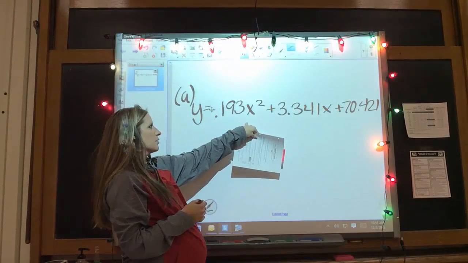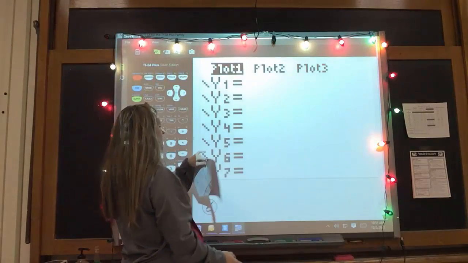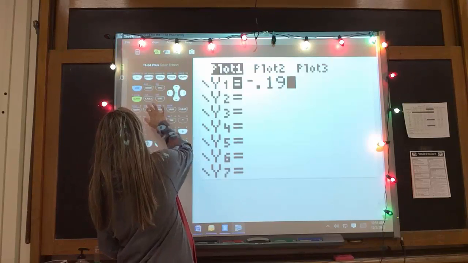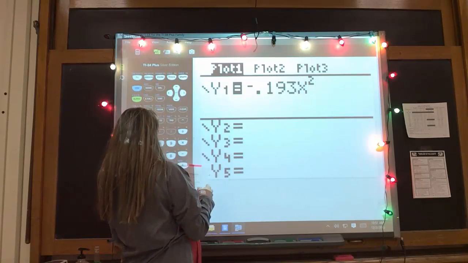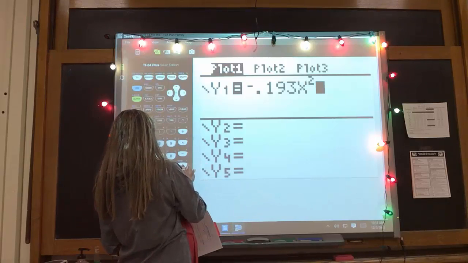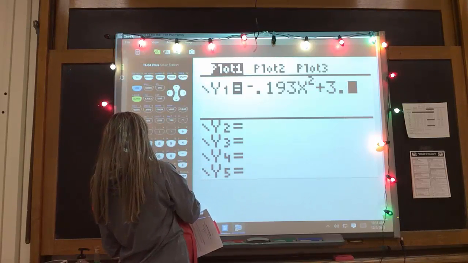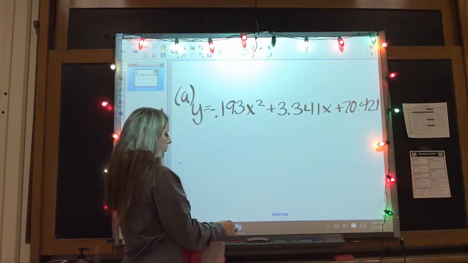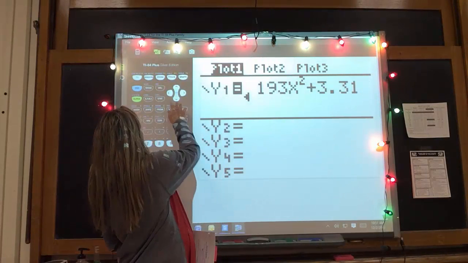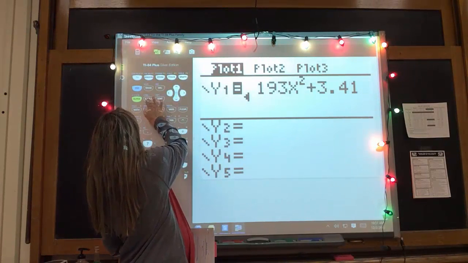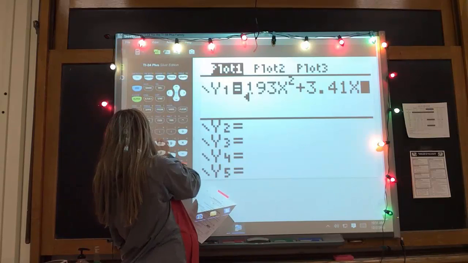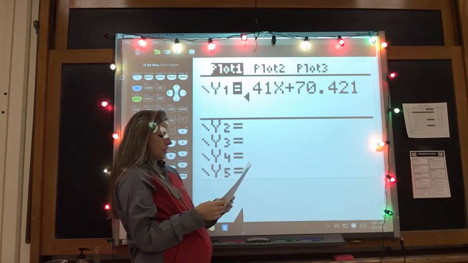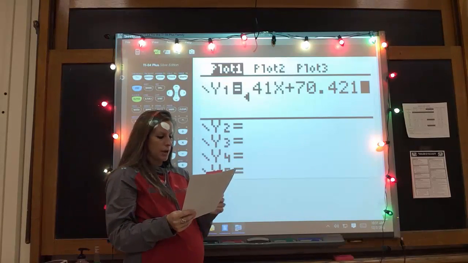So negative 0.193x squared plus 3.341x plus 70.421. Okay, so you're going to put that whole equation in y equals.